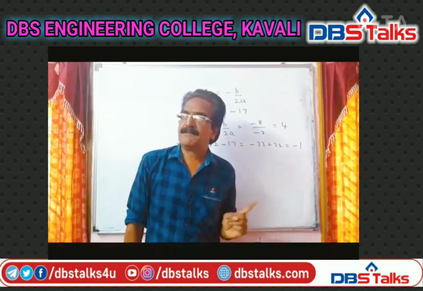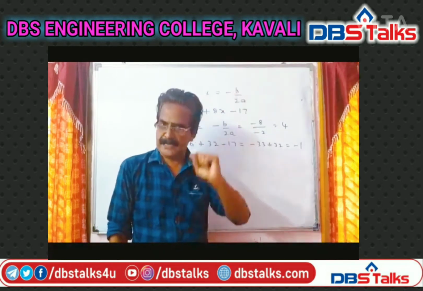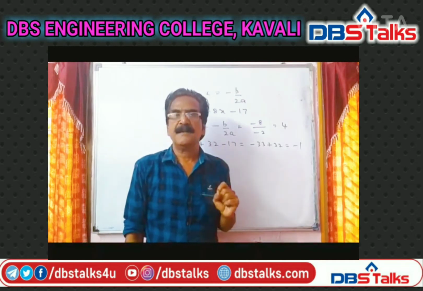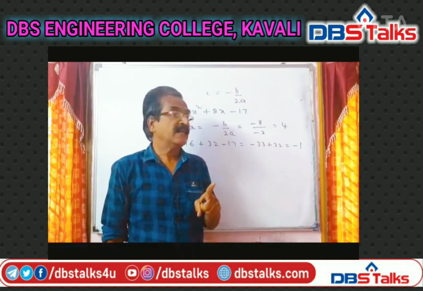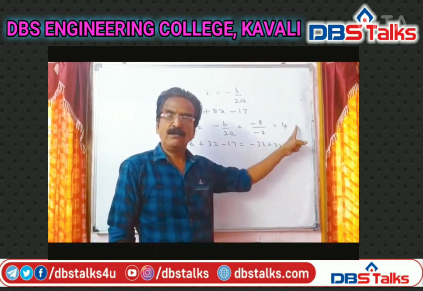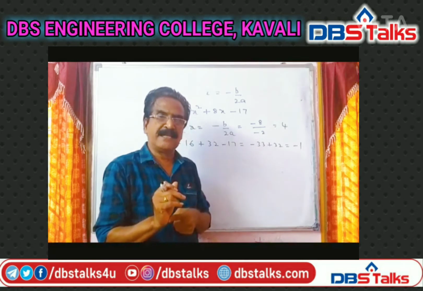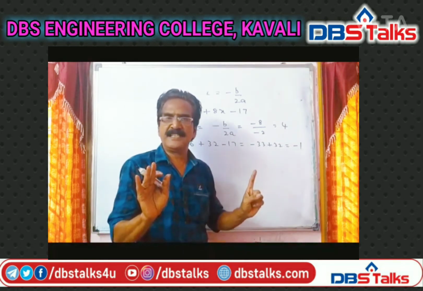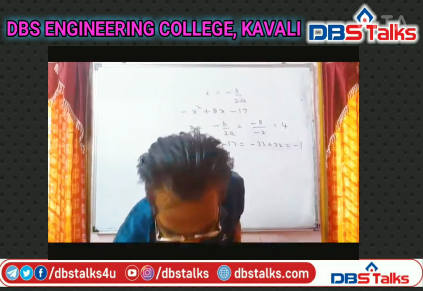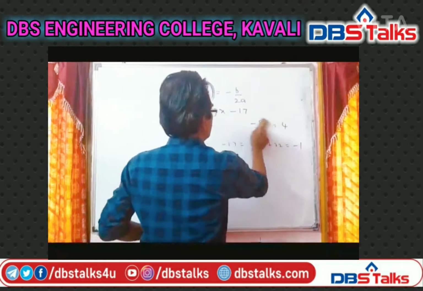So this expression will have maximum value at x is equal to 4. What is that maximum value? That is minus 1. Okay friends, clear? Let us see the next problem.